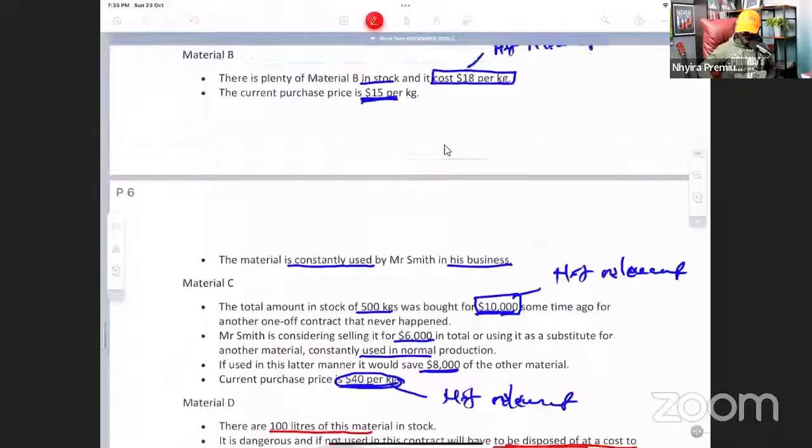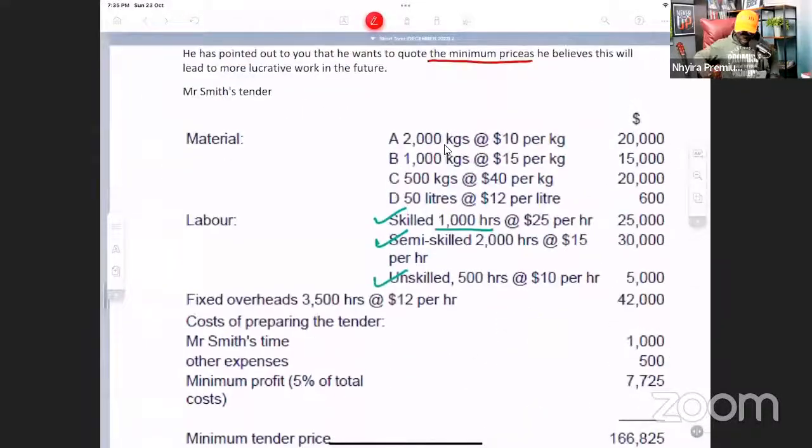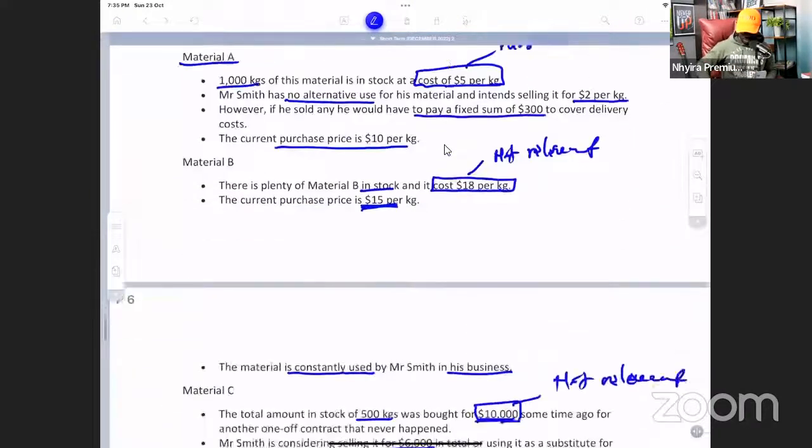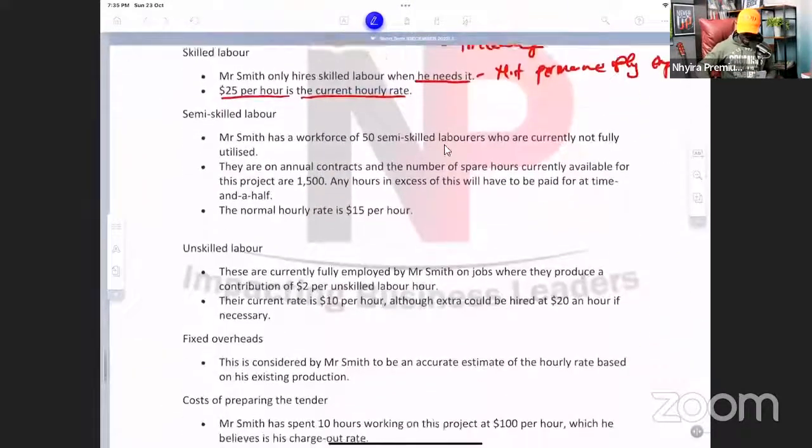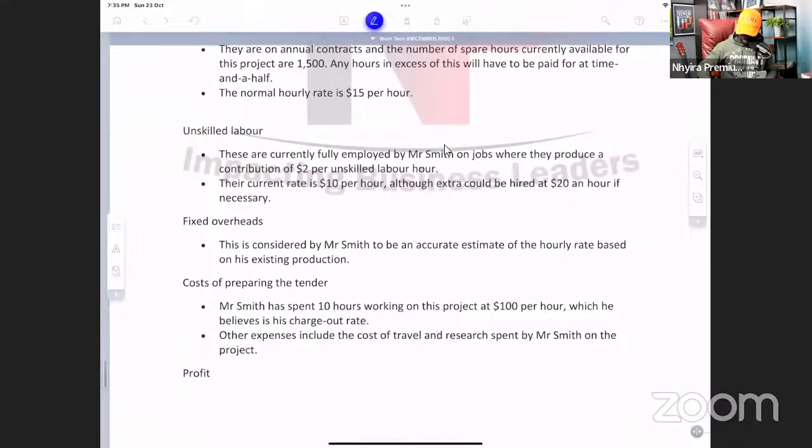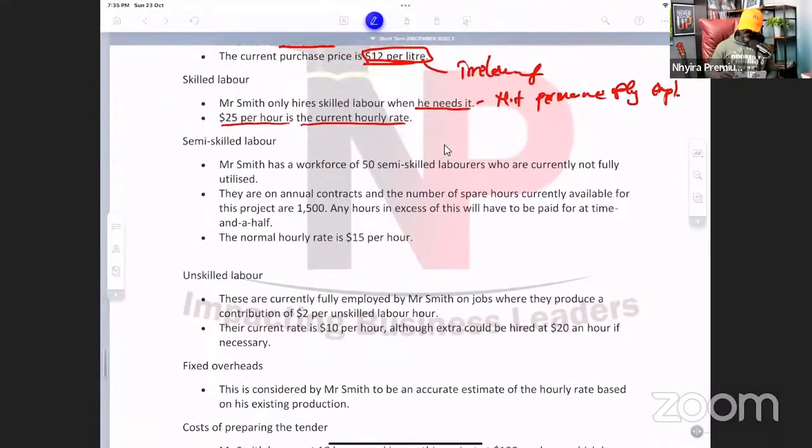Next one. Semi-skilled labor. Semi-skilled labor, we need 2,000 hours. Let's go read the information about semi-skilled labor. Mr. Smith has a workforce of 50 skilled laborers who are currently not fully utilized. Did you hear that?